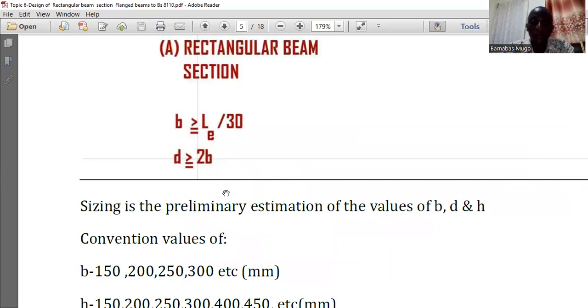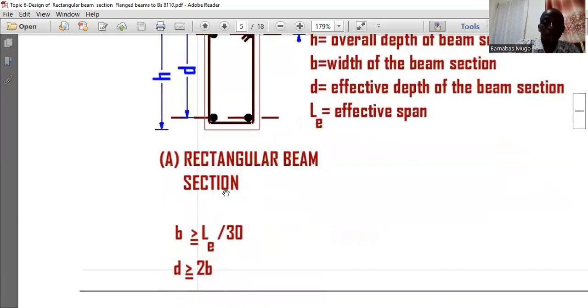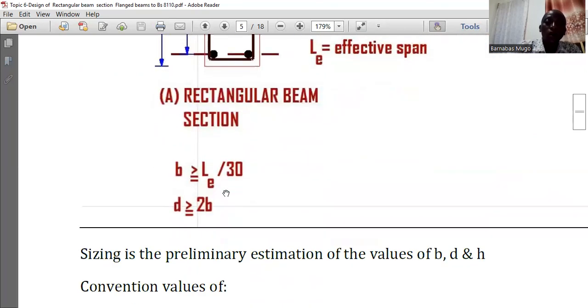When we are determining the value of B, which is the breadth of the beam, we are going to see that it should always be greater or equal to LE over that T. LE is the distance between the two supports, the center of the two supports.